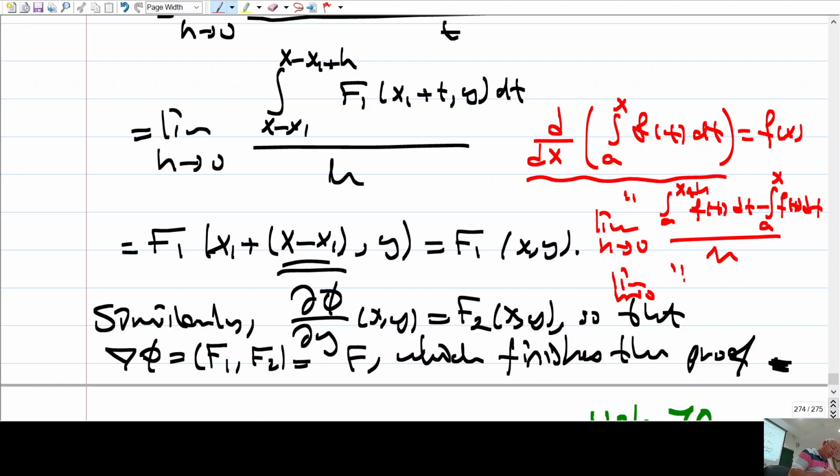The numerator is just the integral from x to x plus h of f(t) dt, divided by h. So it is exactly what we have here. Okay.